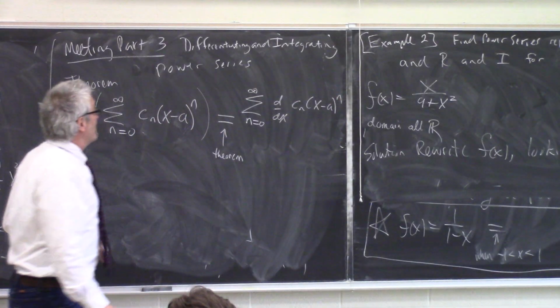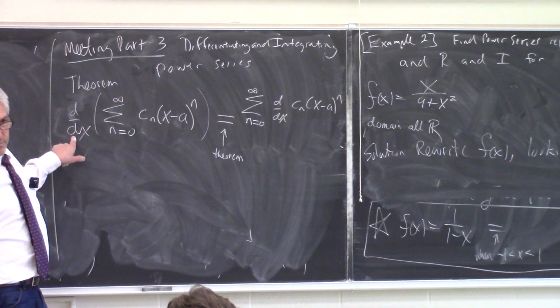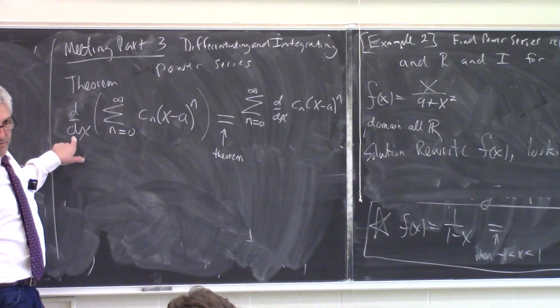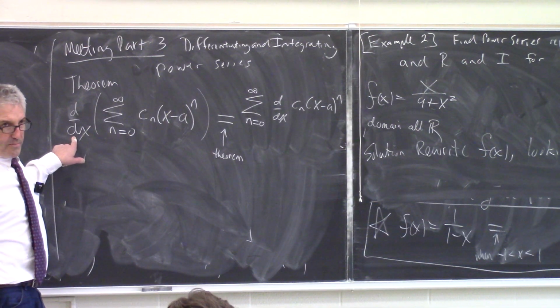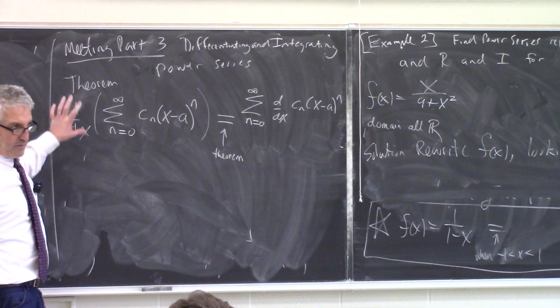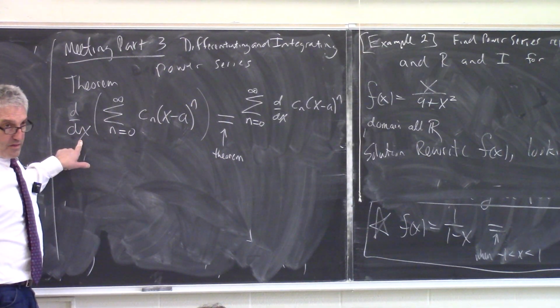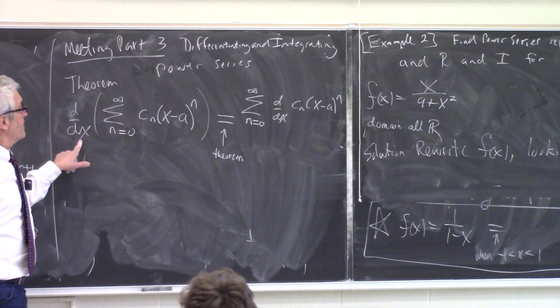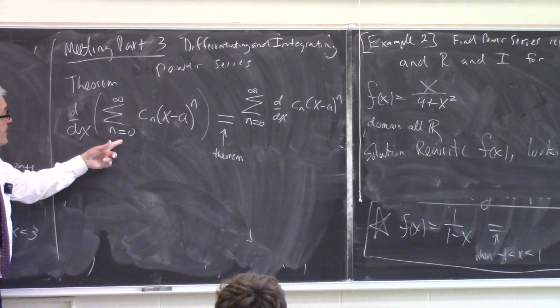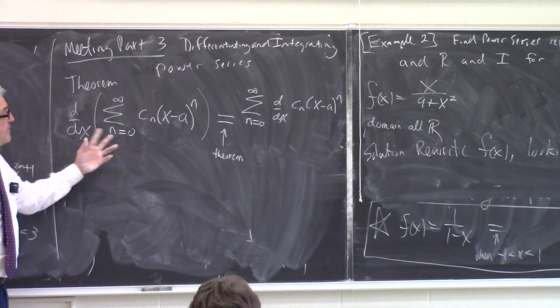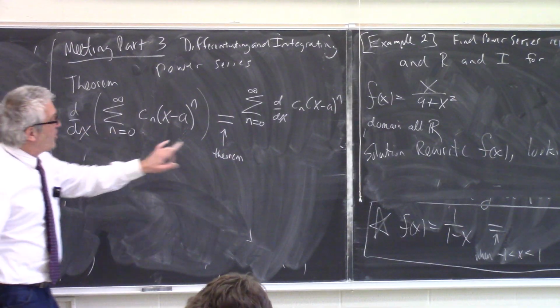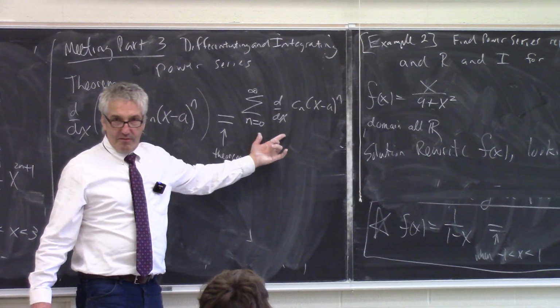Recognize that the derivative is also a limiting process. Remember, the limit as h goes to 0 of f of a plus h minus f of a over h. So there's a limit here, there's a limit here. Both of them involve limits, in things going to infinity or going to 0. So what this is saying is basically you can interchange the order of those limits.